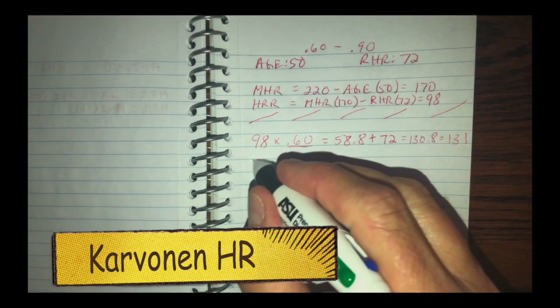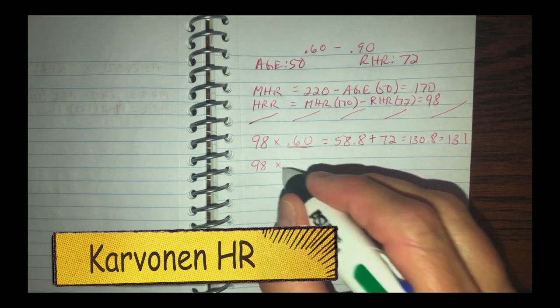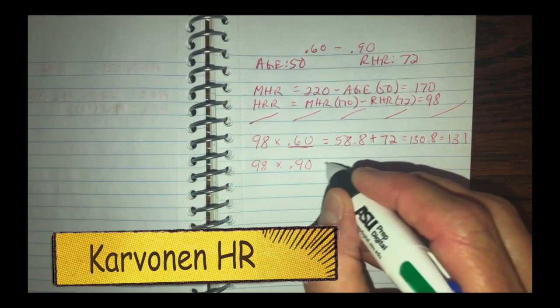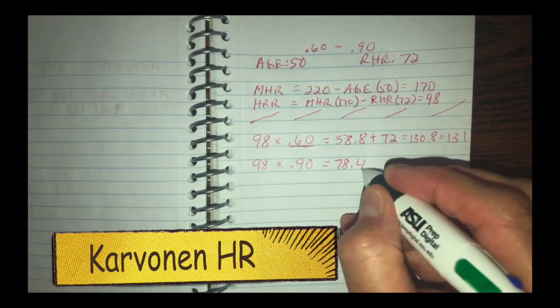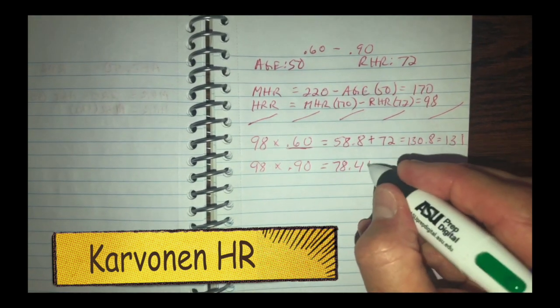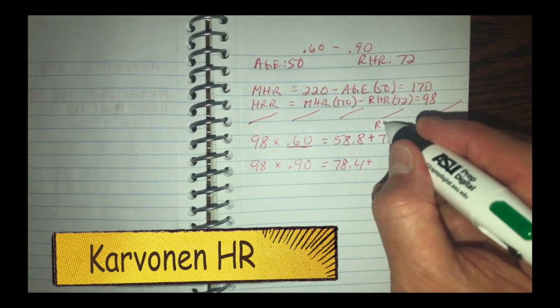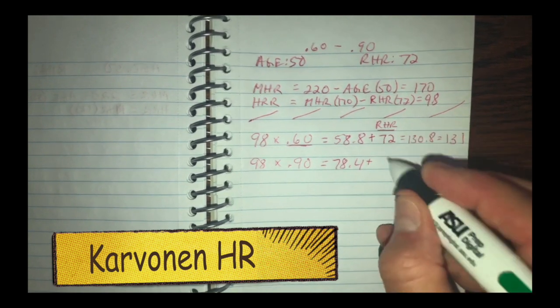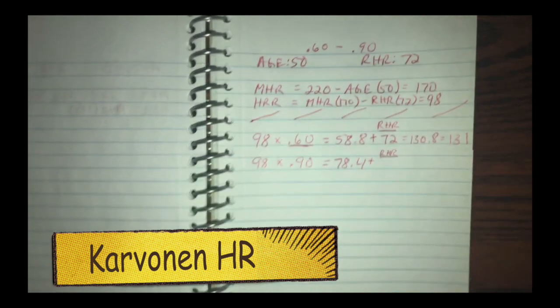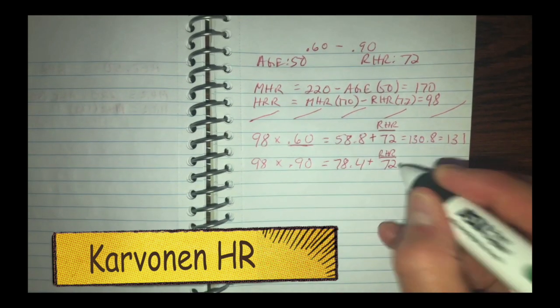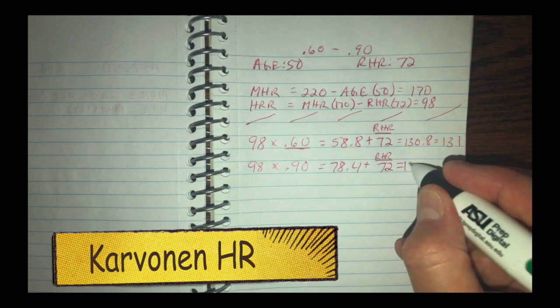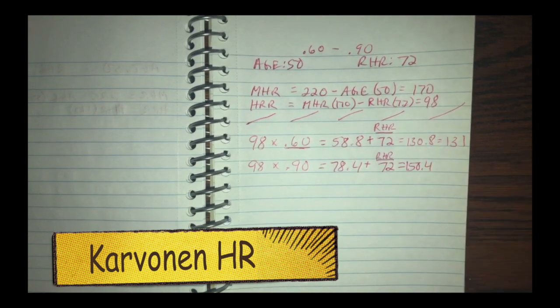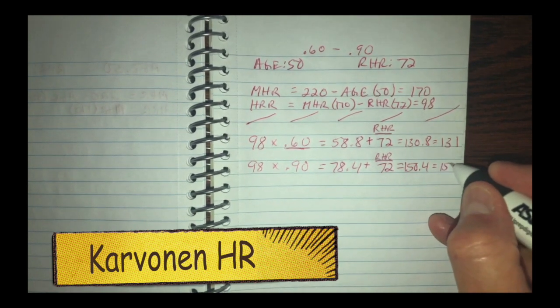Now I can go to the next one at 90%. Multiply it, I get 78.4. Don't forget, I've got to add back in my resting heart rate, which was 72. That's how important this number is. And now I get 150.4, which equals 150.